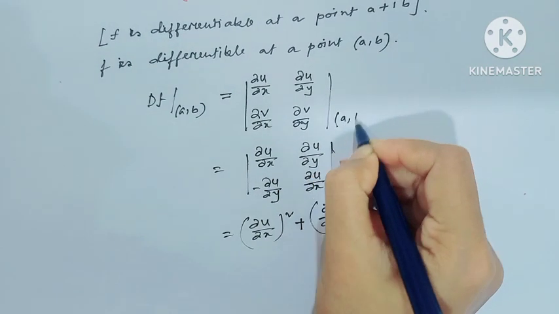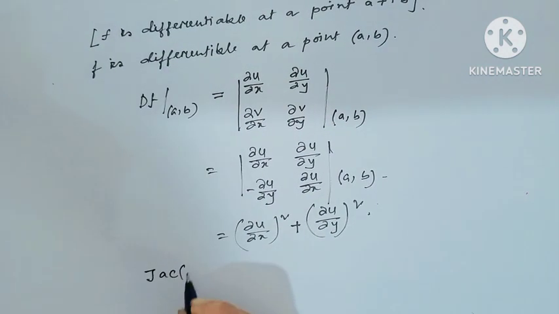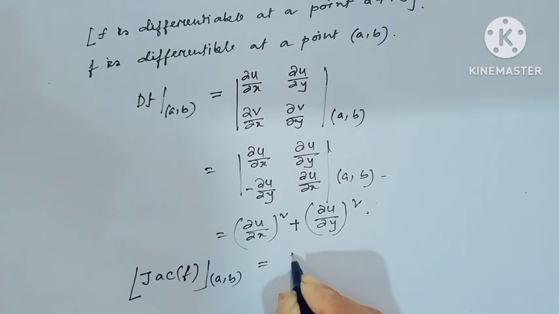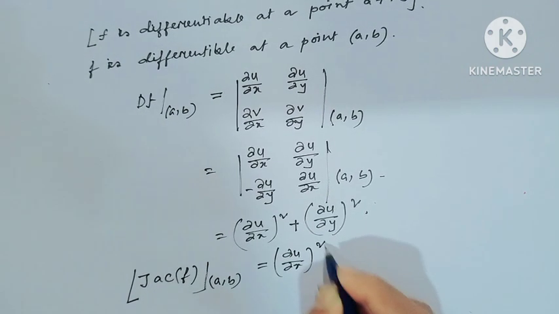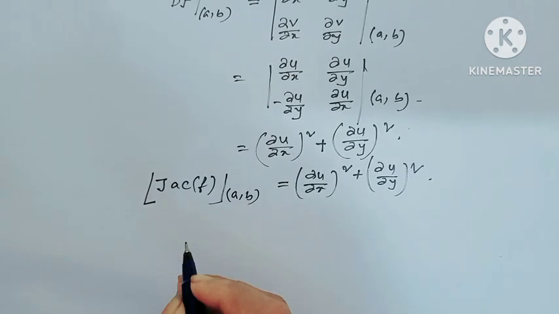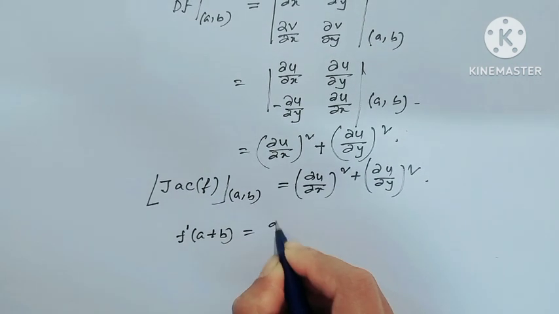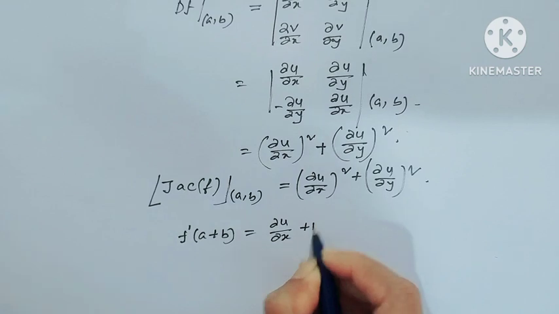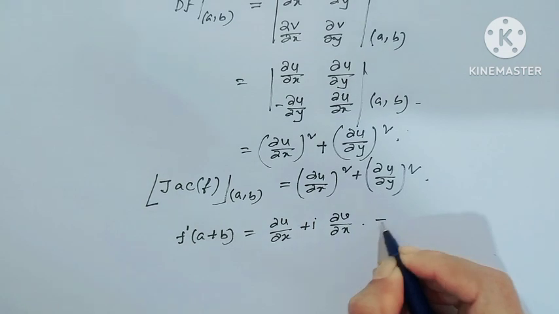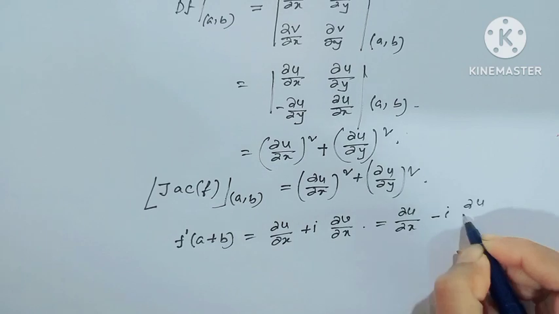This is the derivative at the point (a, b). So the Jacobian of this function at the point (a, b) is (del u del x) whole square plus (del u del y) whole square. f prime of a + ib means del u del x plus i del v del x, and del v del x means minus del u del y, so it is del u del x minus i del u del y.